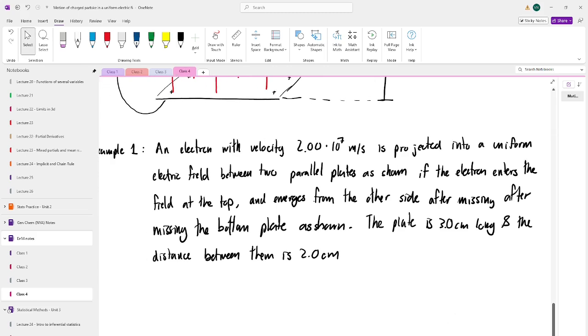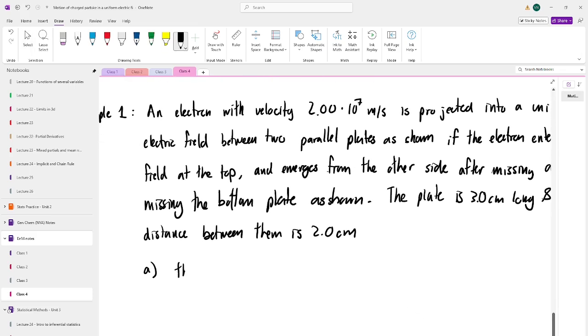And the question is to find the maximum, I'll write that actually. So find the maximum electric field between the plates.